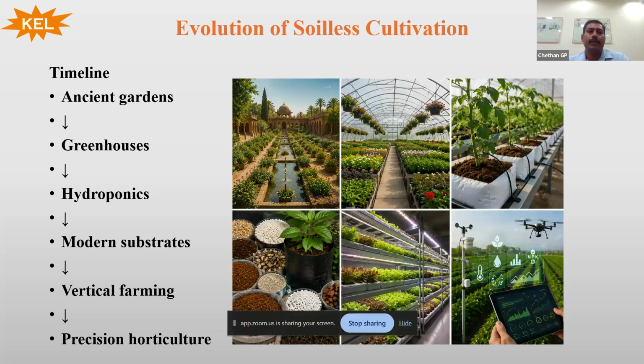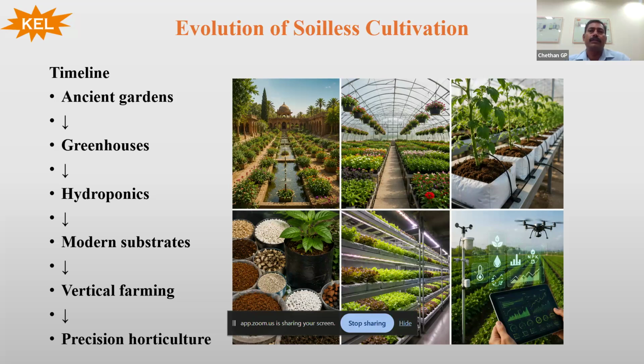The rise of protected cultivation, urban farming, rooftop gardens, and vertical farming has further increased the demand for high quality substrates. Modern soilless cultivation is no longer limited to research laboratories.